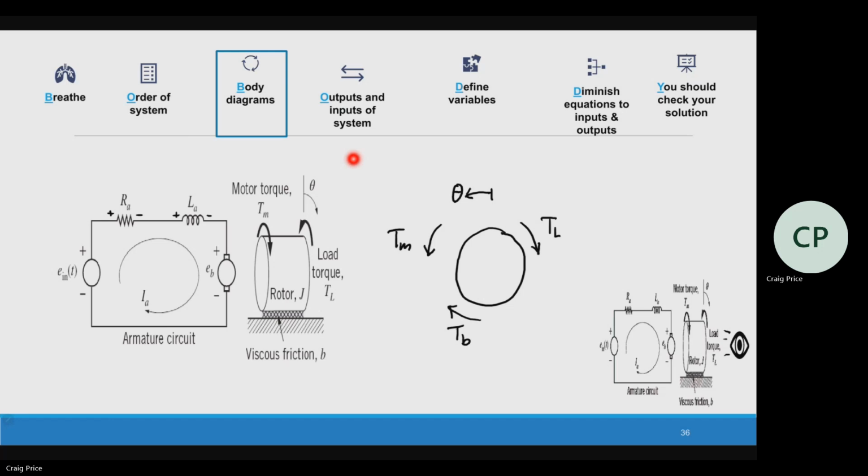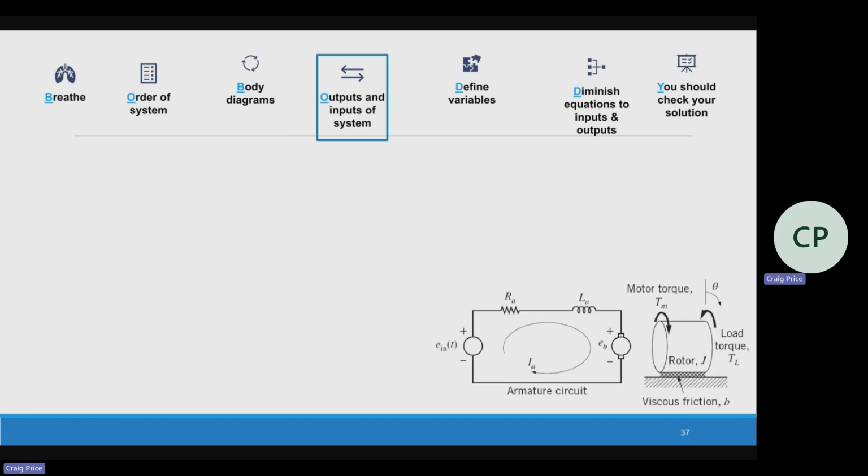Now let's try this out. Inputs and outputs: we can look at both the circuit and the mechanical. For the circuit, we have E in, and the output would be the current.